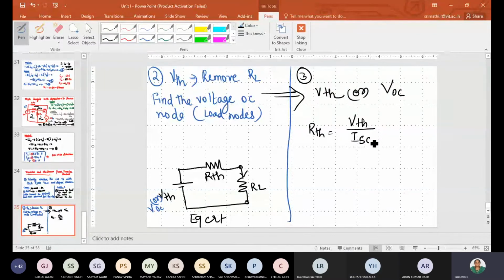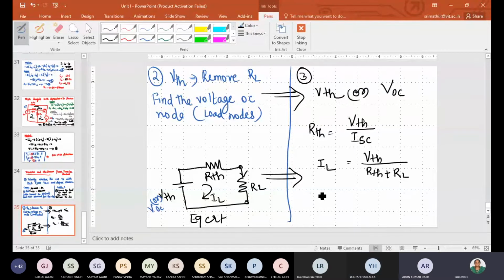Okay, so later, now we will get the equivalent circuit. It is easy for us to find the current. When I need IL, it is VThevenin upon RThevenin plus RL, am I right? Yes.